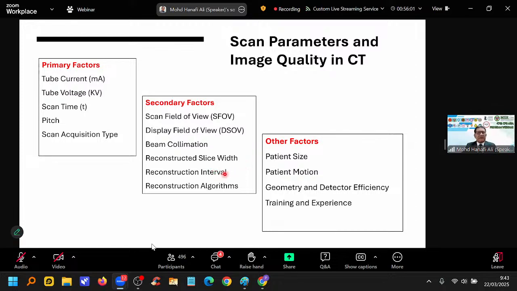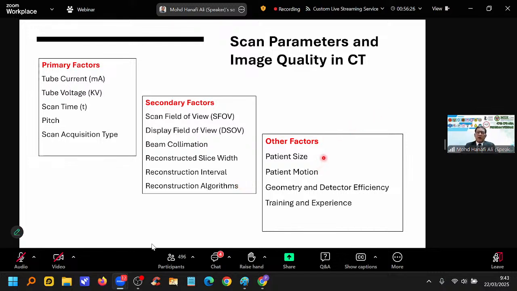This is the interval of the reconstruction, before or after we get the image, and the reconstruction algorithm. This is a step-by-step process that we normally do, and actually we have a specific protocol for that.